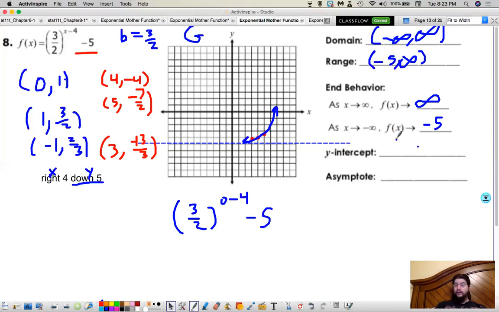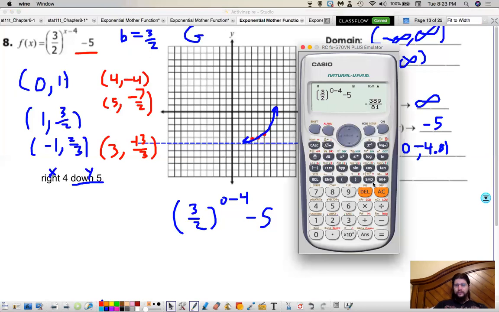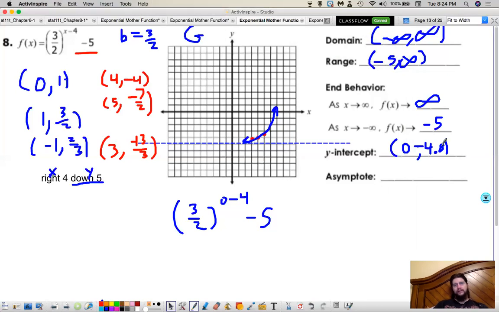So -4.8. So 0, -4.8. Yeah, you could have written that fraction if you really, really wanted to. -389/81. Sure, why not? But no, just round to the 10th place because you can actually plot that. Yeah, it should be like right here. Asymptote y equals -5. Done.